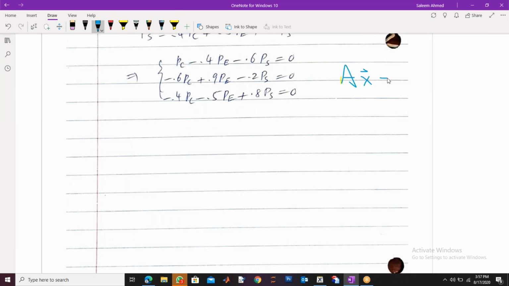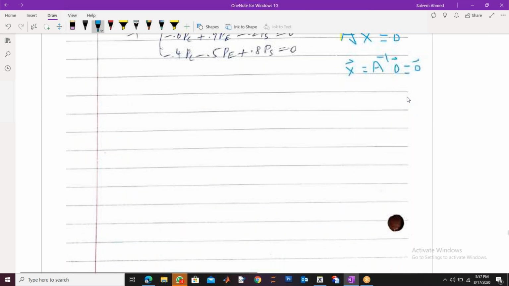So if A inverse exists, then X will be equal to A inverse times 0, which is equal to 0. It means I will get only the 0 solution, which is called the trivial solution. If it is a homogeneous system, 0 is always a solution. This is a trivial thing.